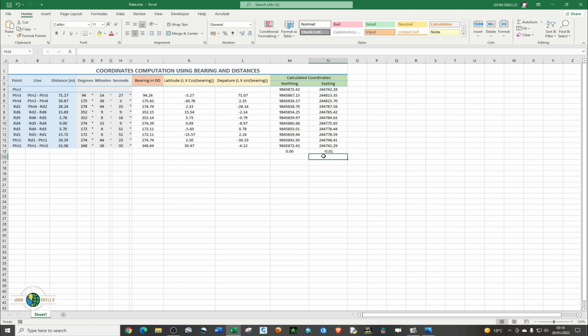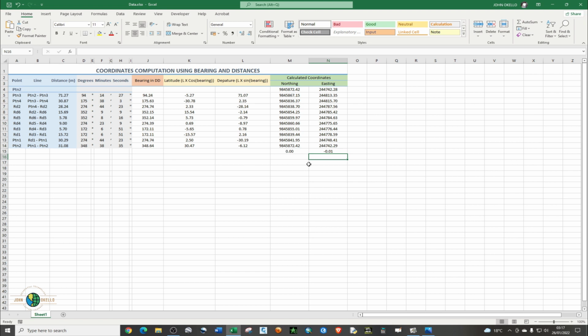So this is negative 0.01. This is very negligible, and it's within the acceptable accuracy. So the calculation was very successful. It was perfect, and basically that's how we use the known coordinates to calculate the unknown coordinates in Excel.